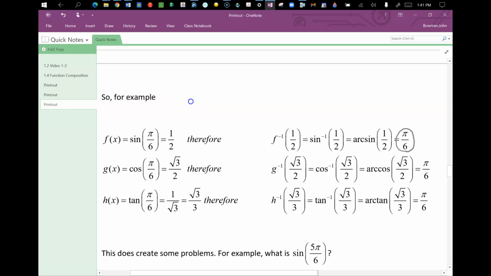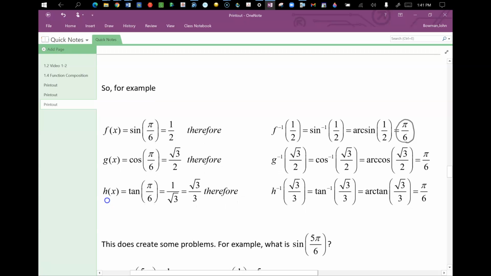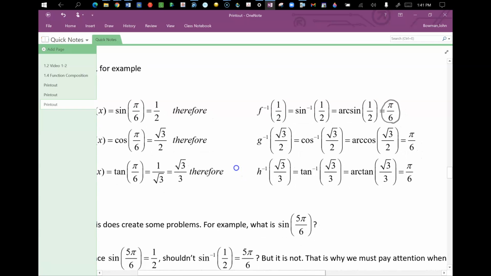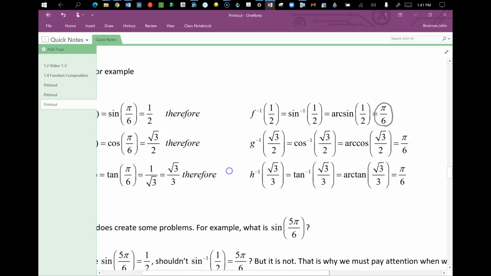Similarly, if we were to take the cosine of pi over 6, we get root 3 over 2. But if we were to take the inverse cosine of root 3 over 2, we would get pi over 6. And we can see with the tangent a similar thing. If we were to take the tangent of pi over 6, we have 1 over root 3, or root 3 over 3. And if we were to take the inverse tangent of root 3 over 3, we would get pi over 6.